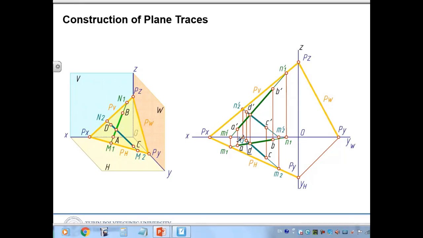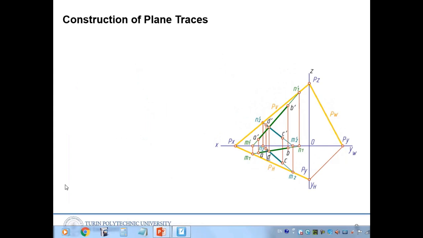Which line? AB, the green line. We have to find the two intersection points of that line, M1 and N1, and the traces of the blue line, N2 and M2. Using these four traces, four points, we can generate the plane traces.